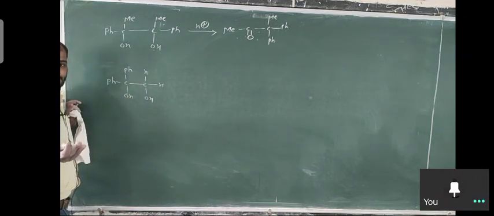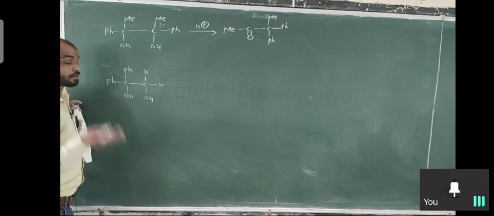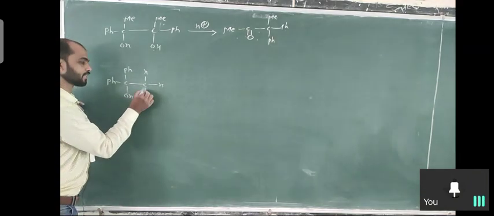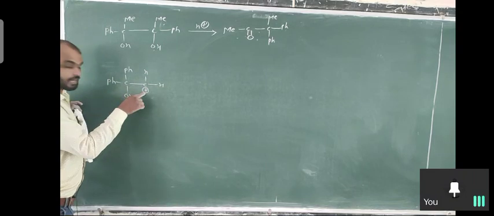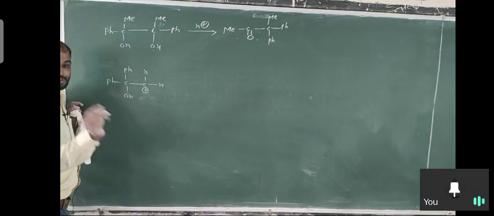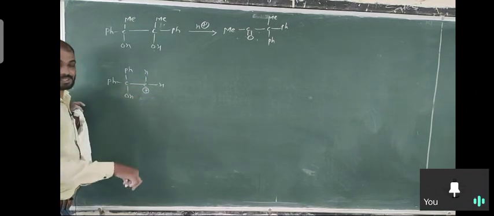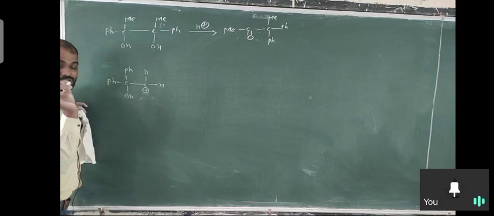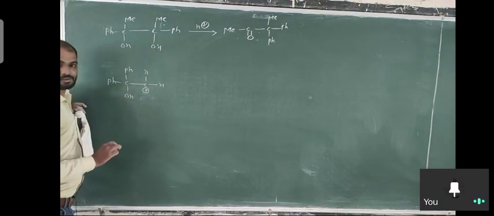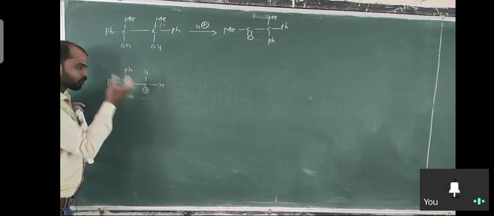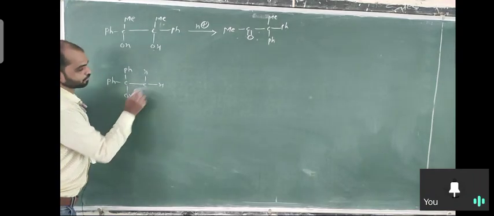It is correct, it is your right answer. But if you do the protonation here and lose water, you get this carbocation. The carbocation is not stabilized because both are hydrogens. If one alkyl group were present, the carbocation would be well stabilized. But due to the presence of both hydrogens, there is no stability. So protonation here is impossible.